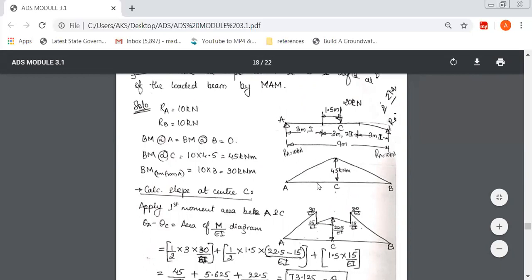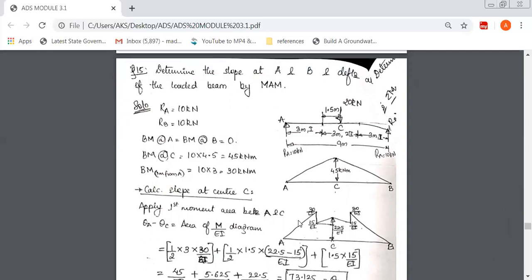The bending moment at 3 meter is 30. I have shown here 30 over EI, because the I value is only I here. So this is to the left side. To the left side of 3 meter from A, it is 30 over EI.